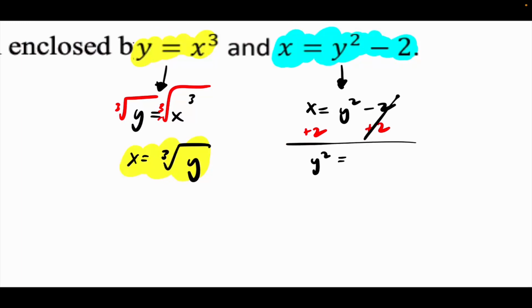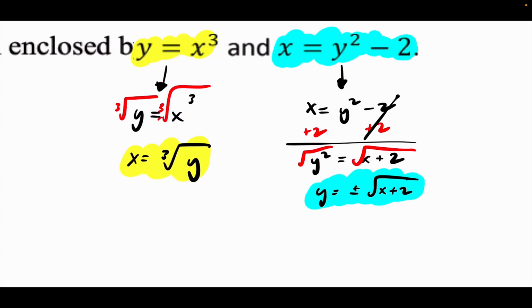You get y squared equals x plus 2. And then you're going to take the square root. Since it's a square root, you got to do plus and minus. Okay. So in our calculator, to graph it, we need y equals stuff. When we put it into the equation, left minus right, or right minus left, sorry, we need x equals stuff. So you're going back and forth a little bit.